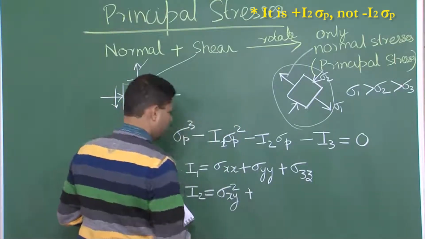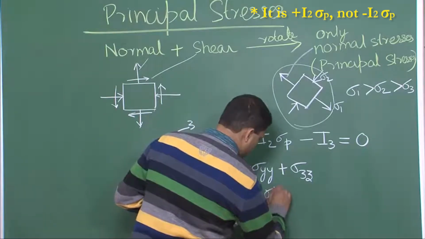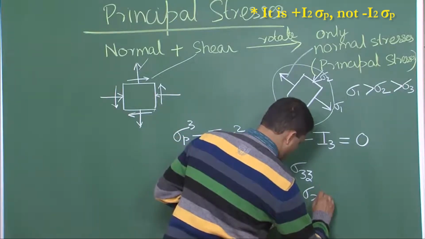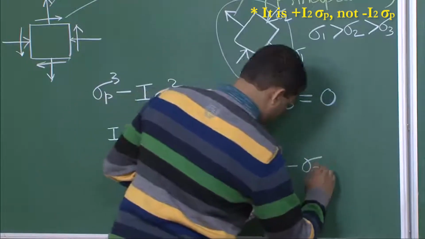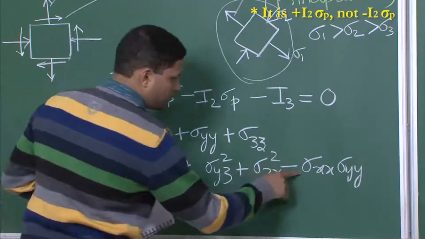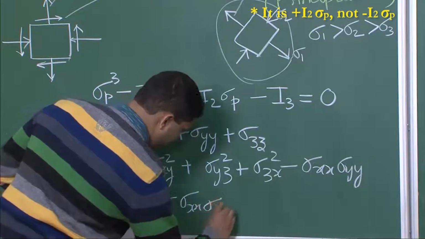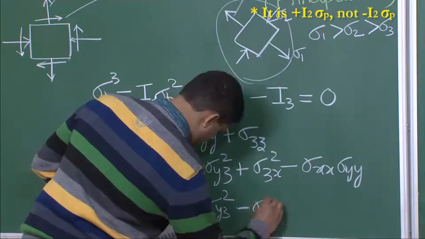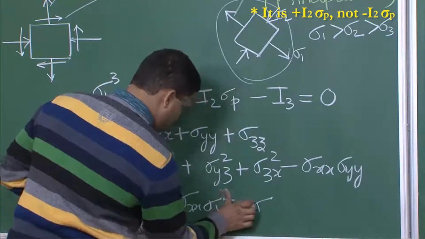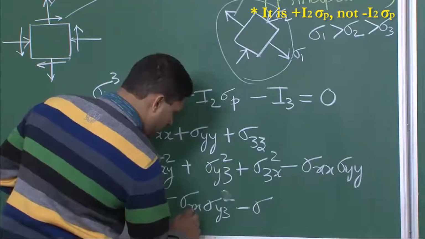The second stress invariant, I2, is given as sigma xy squared plus sigma yz squared plus sigma zx squared, minus sigma xx sigma yy, minus sigma yy sigma zz, and minus sigma zz sigma xx.